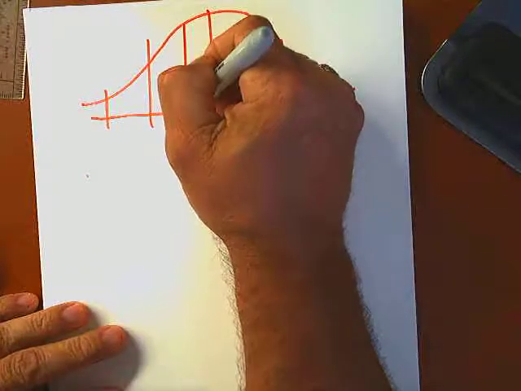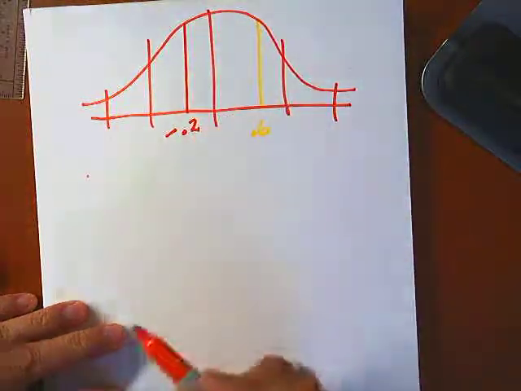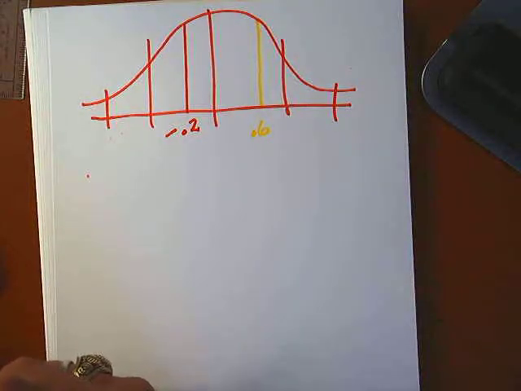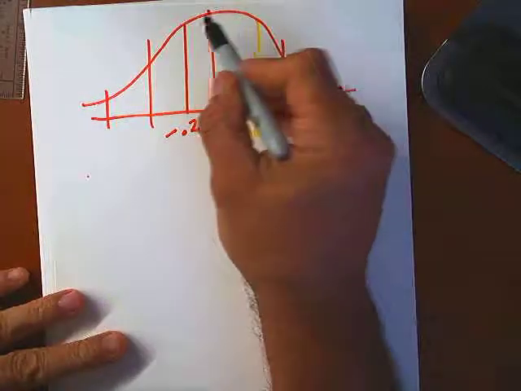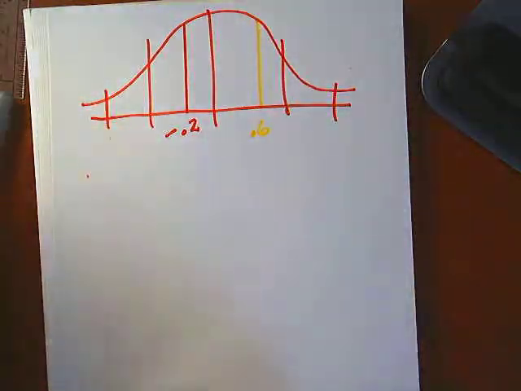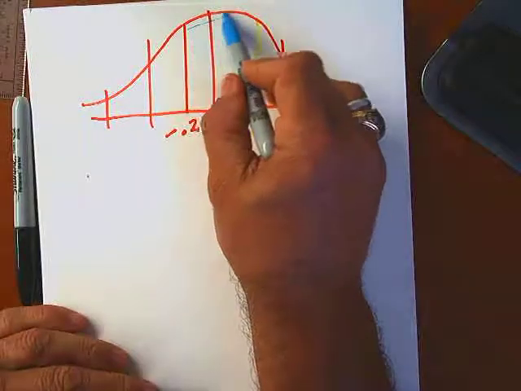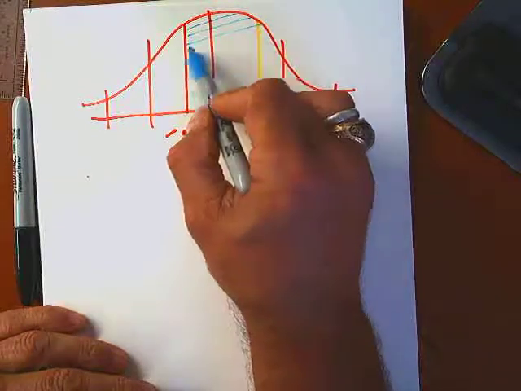And I'm just going to make one up. I'm going to say they want the area between, let's go with 0.6 and -0.2.